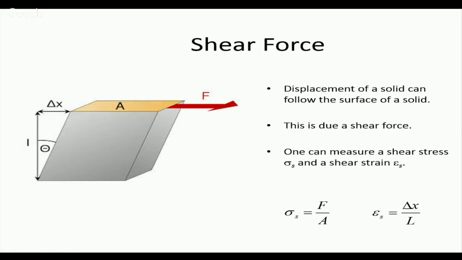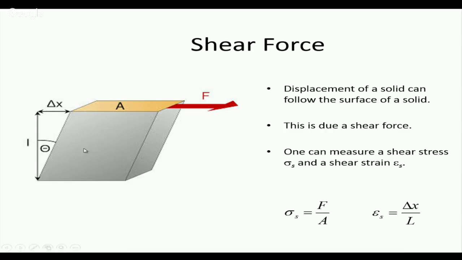Shear force. This is just an example: when we apply a force on the top, the body undergoes some change in shape, not change in volume at this moment. The shape is changing, and you can see that there is an angular deformation, and this angle can be used to express the shearing strain.